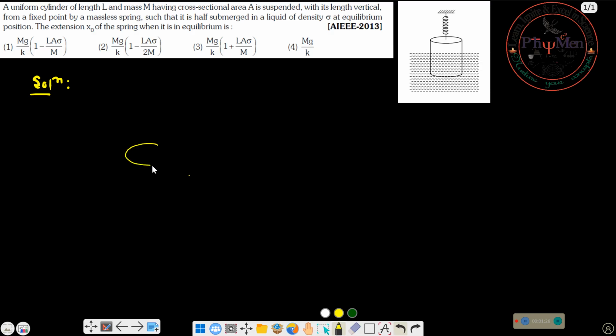This is our cylinder, suppose, and this is dipped in a liquid of density sigma.